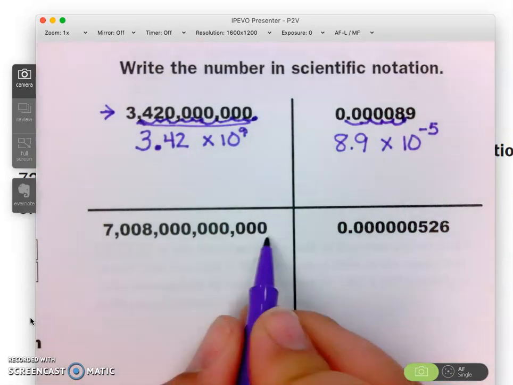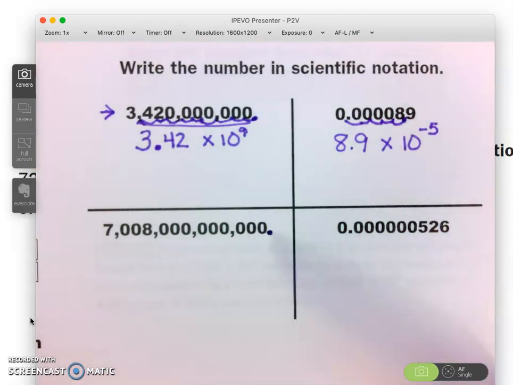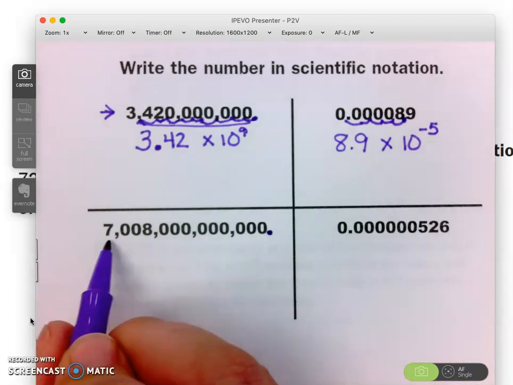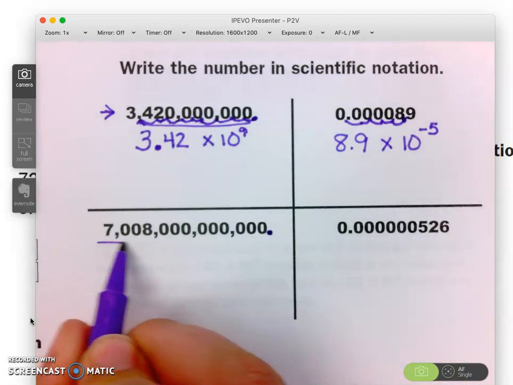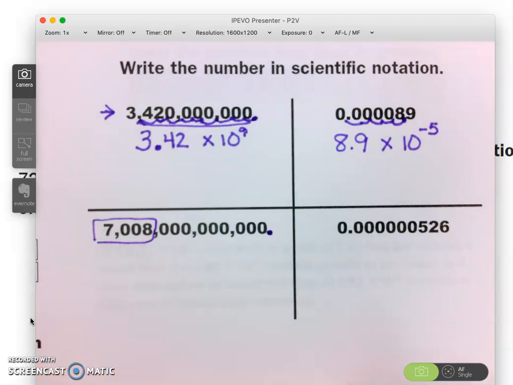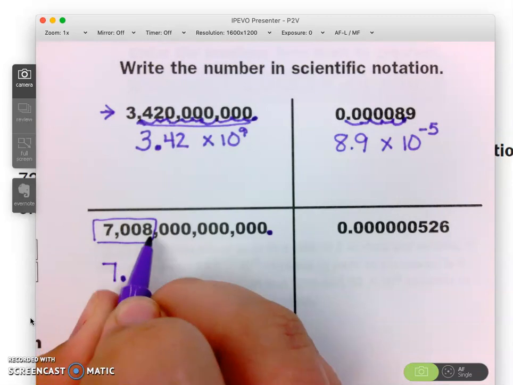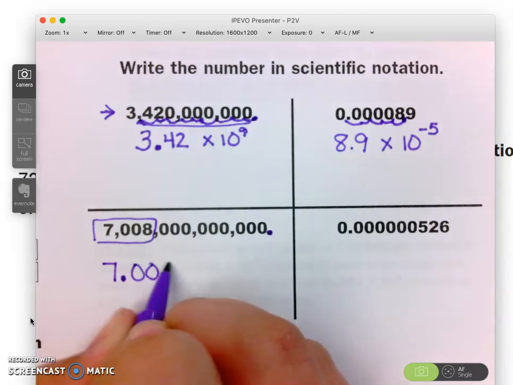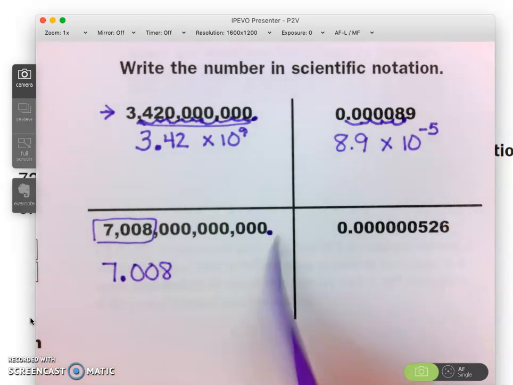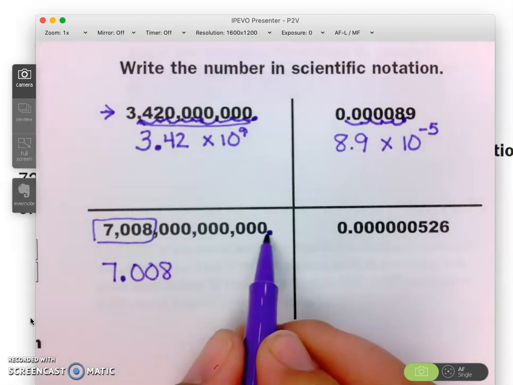Okay, so here, again, my decimal is right here. It's my invisible decimal. I need to make sure that all of this is in my number. So it's going to be 7 decimal, that's 008. So 008. All the rest can go away. But I still need to count.